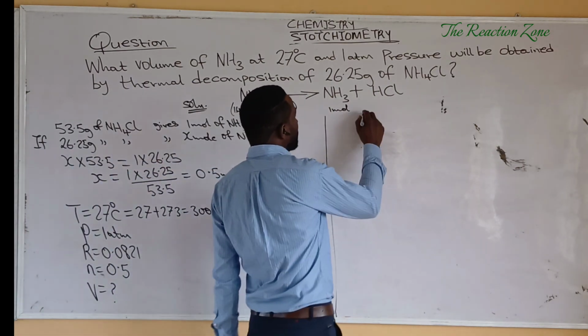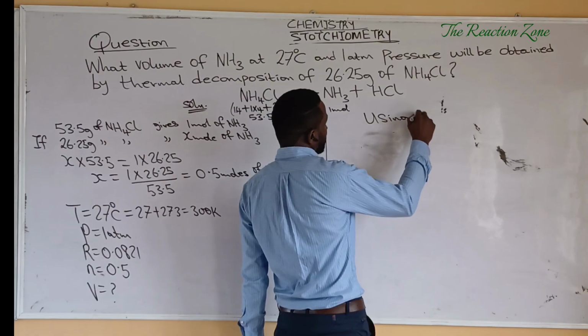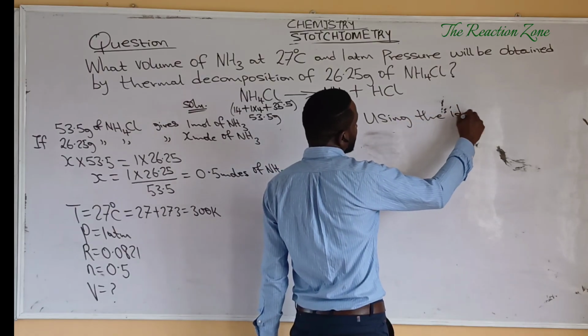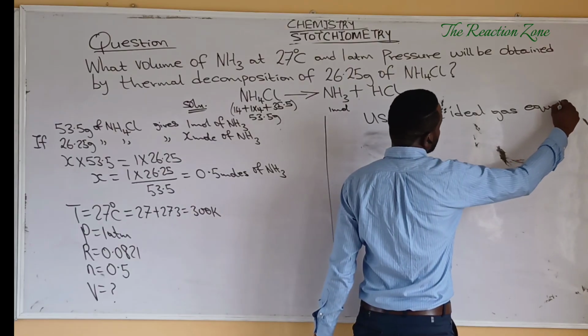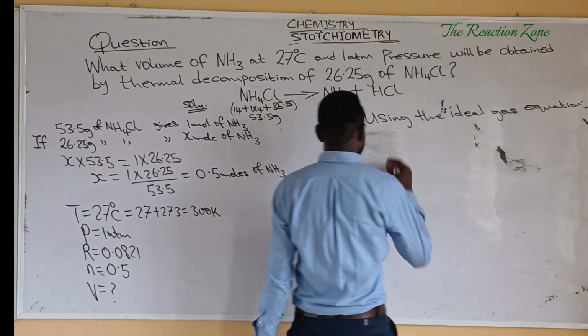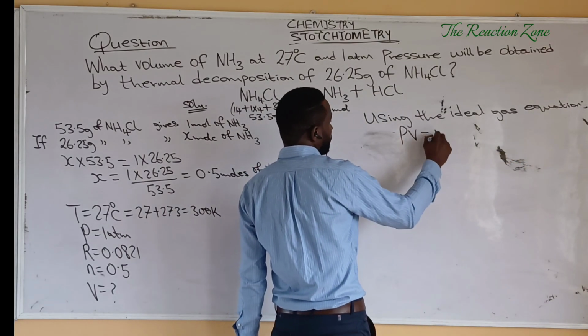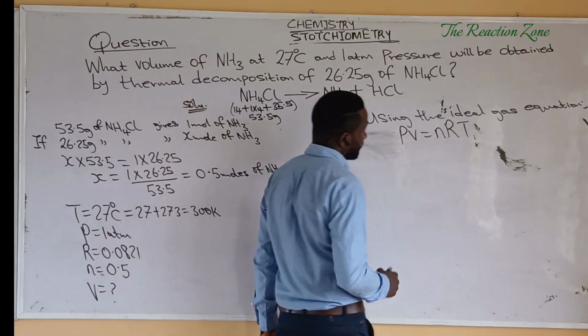So, using the ideal gas equation, PV is equal to nRT.